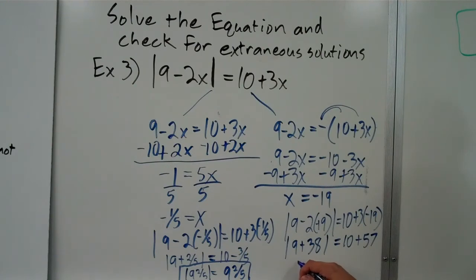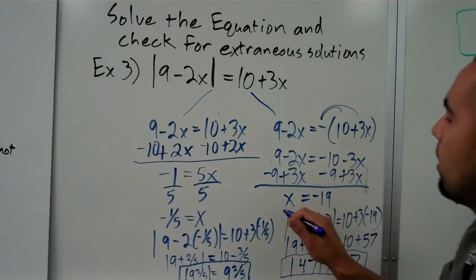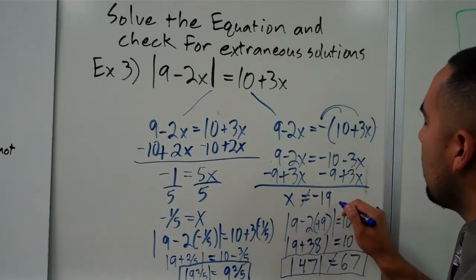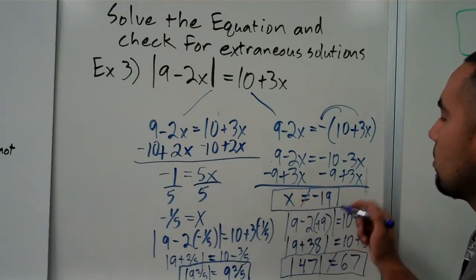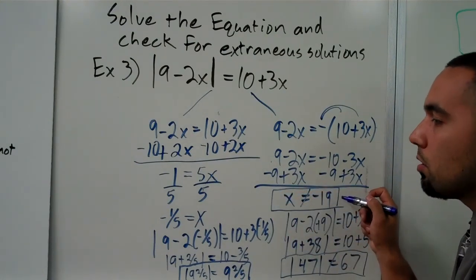Here I get the absolute value of 9 plus 38, which is 47. So here we can see this does not equal, and since this does not equal, this right here is an extraneous solution. So I know that x cannot equal negative 19.